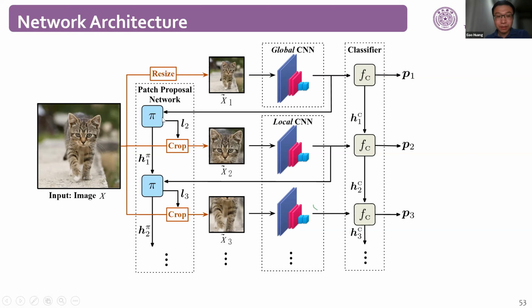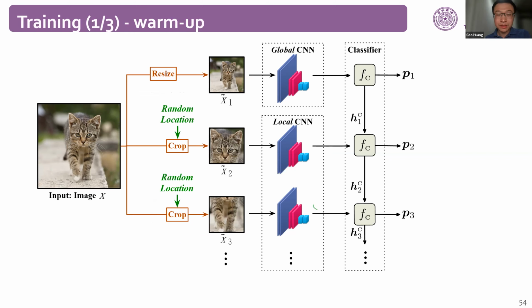Please note that this is for a classification task, and we do not have the ground truth of the bounding boxes. This is not object detection where we have ground truth bounding boxes. Here we only have the classification label. There are no bounding boxes.